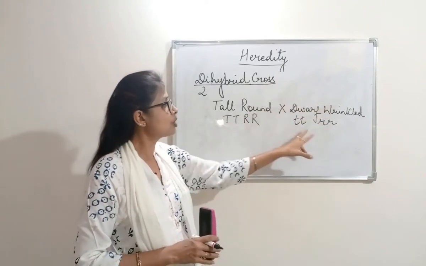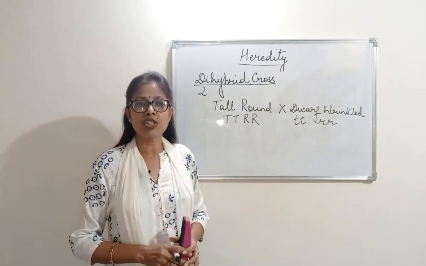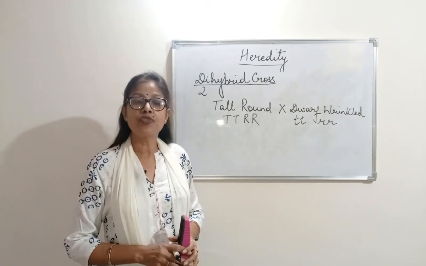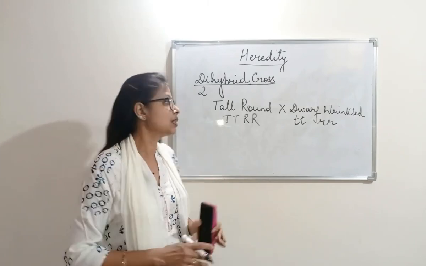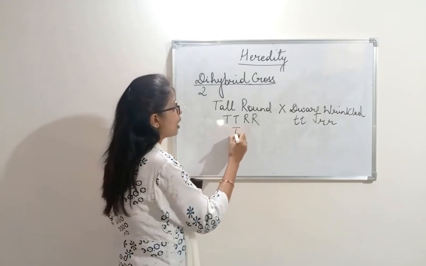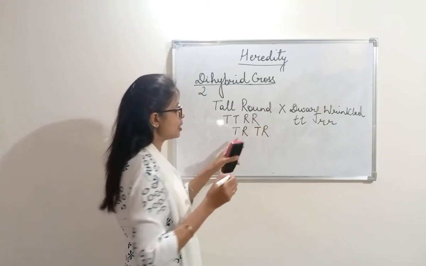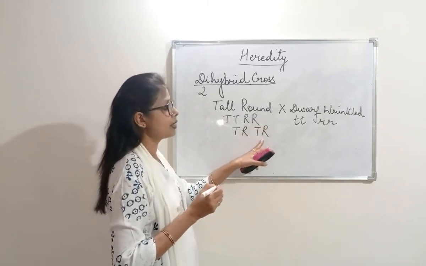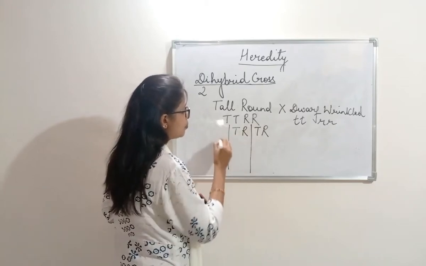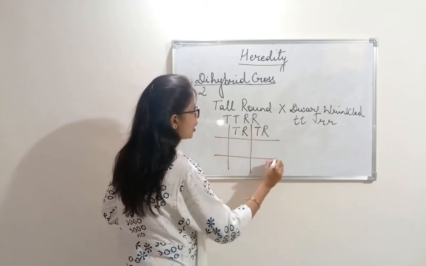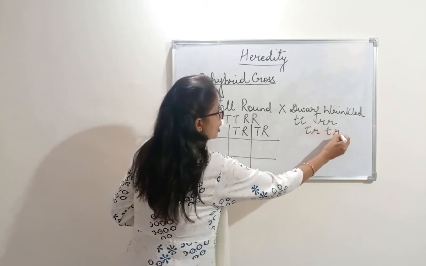Now when he took these two characters in the F1 generation, he had to make the grouping like this. That means capital T and capital R. And when he studied them under the Punnett square, here also he got small t, small r.